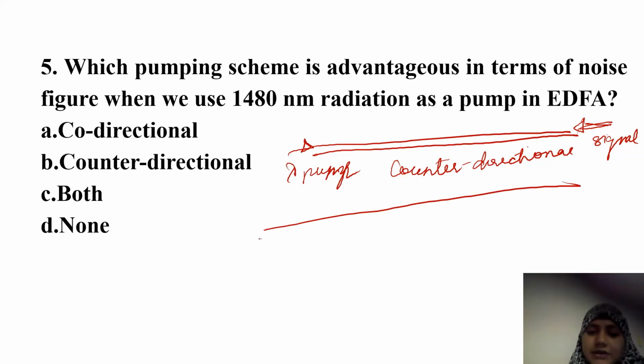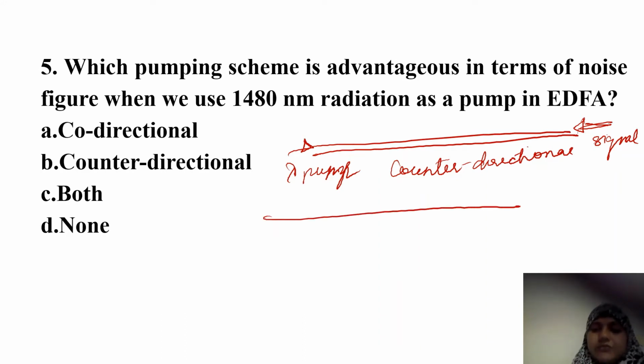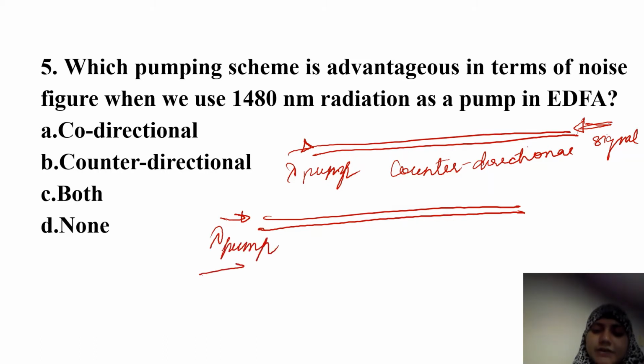Then there is another, I'm so sorry, please excuse me for my sloppy diagrams. This is again a fiber. Here we have lambda pump and we have the signal. So this is co-directional.